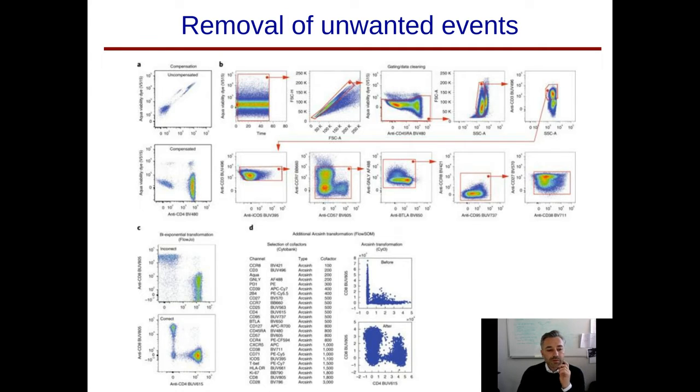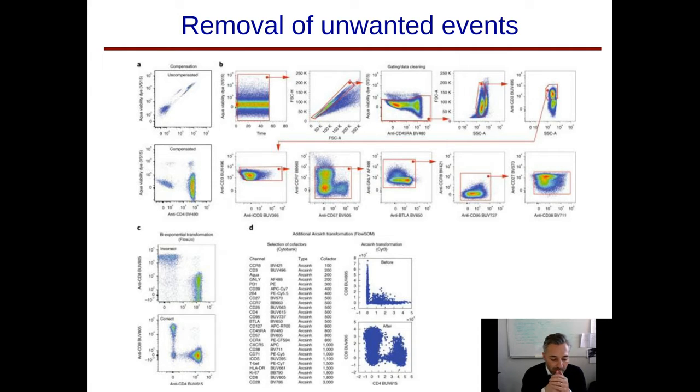When we developed this Nature Protocols paper with Burkhard Becker, we also wanted to include a part on how to QC your data before feeding them into your computational analysis. That's important because in the past we used to go through every single file, every single sample, for example, by using our favorite flow cytometry analysis software.